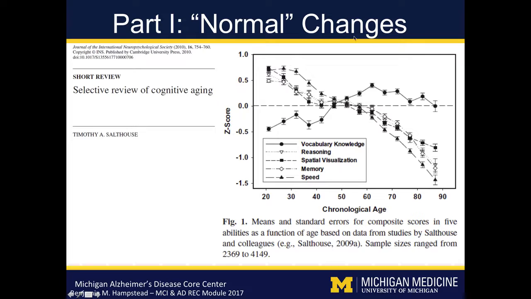These other abilities all decline over the course of the lifespan. They involve things like our reasoning ability, our processing speed, our spatial abilities, as well as our episodic memory. I just mentioned that our semantic knowledge is stable, if not improving, over the lifespan, but our episodic memory, our memory for contextually rich information that makes our memories ours, declines.